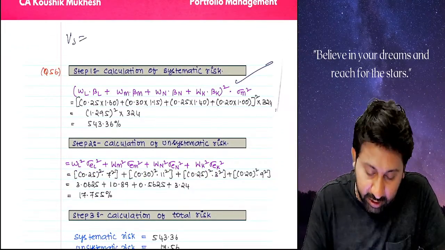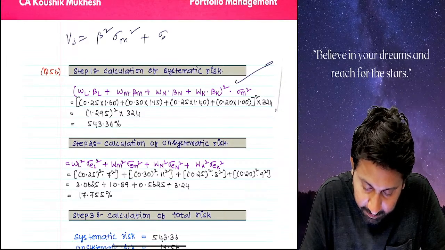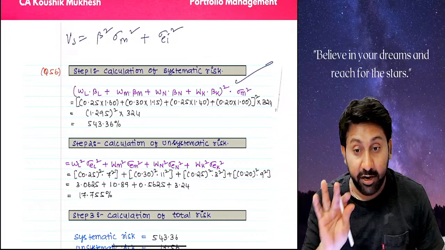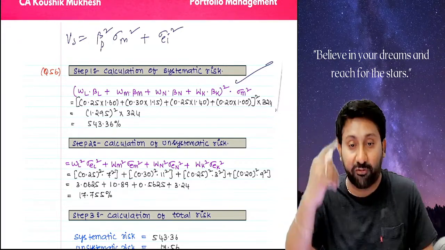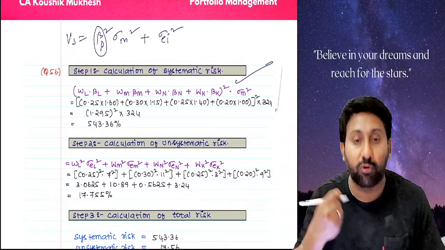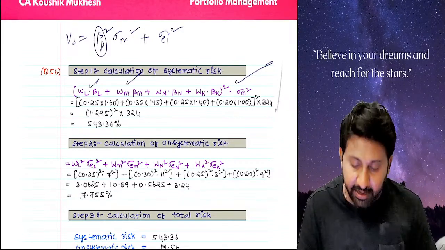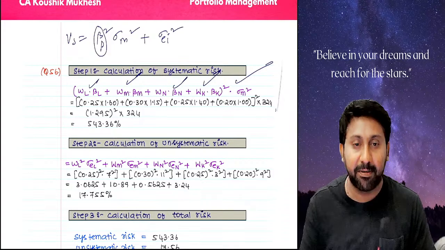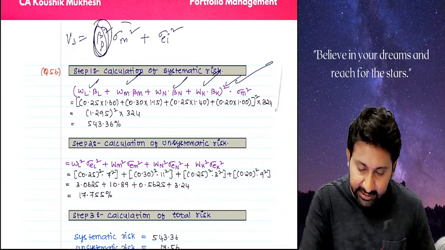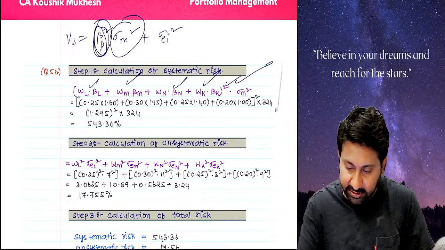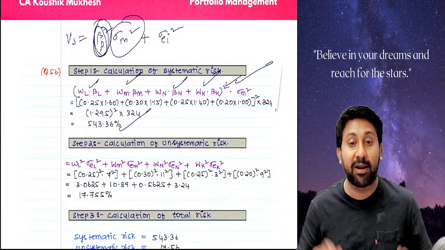Variance of security equals beta square sigma m square plus sigma ei square. For an individual security. If you have to calculate for a portfolio, it is beta of the portfolio square. Do you know how to calculate the beta of a portfolio? WL beta L, WM beta M, WN beta N, WK beta K, for 4 securities. Total, square. Sigma m will be given, square. If the variance is already given, directly multiply. This is the systematic risk portion.